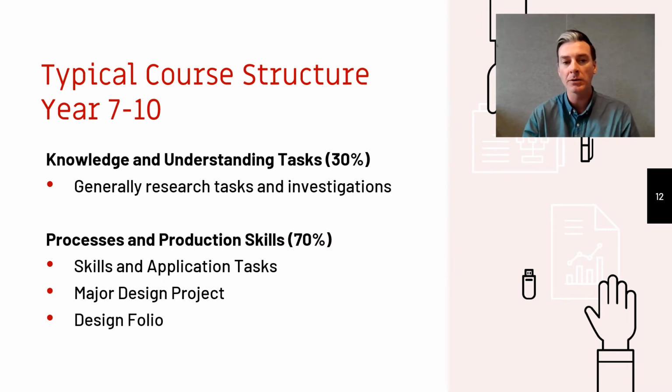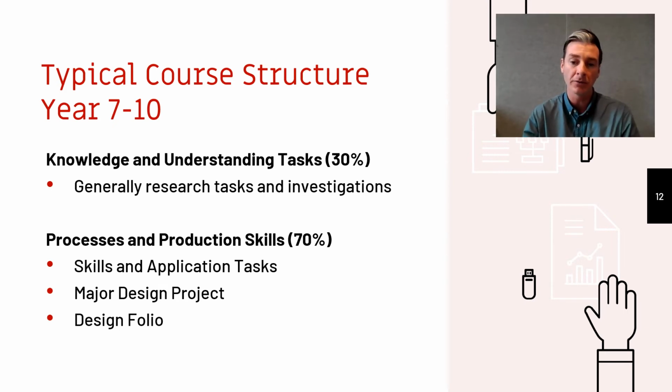Okay, so how are the courses structured from an assessment point of view from year 7 through to year 12? From years 7 to 10, it's broken down into two main areas. One is knowledge and understanding tasks, which is generally around 30% of the course, and that is research, issues investigations, and so forth.